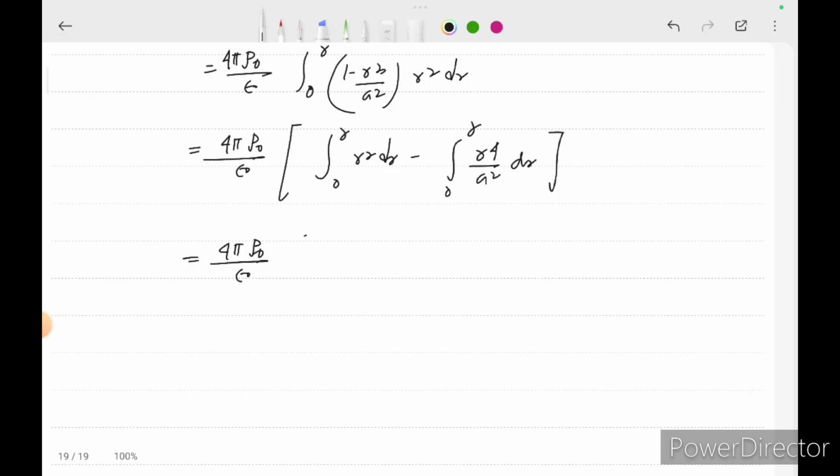We get r cubed upon 3 minus r to the power 5 upon 5a squared.